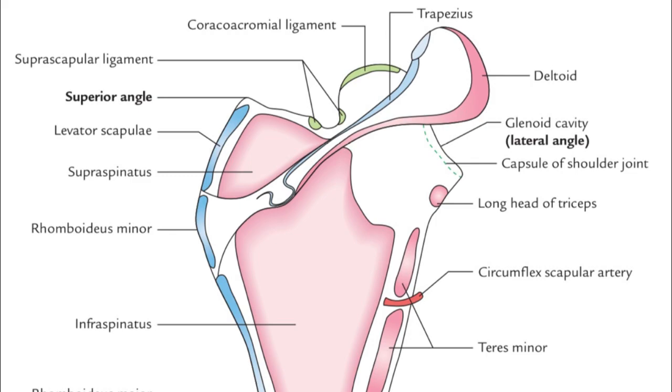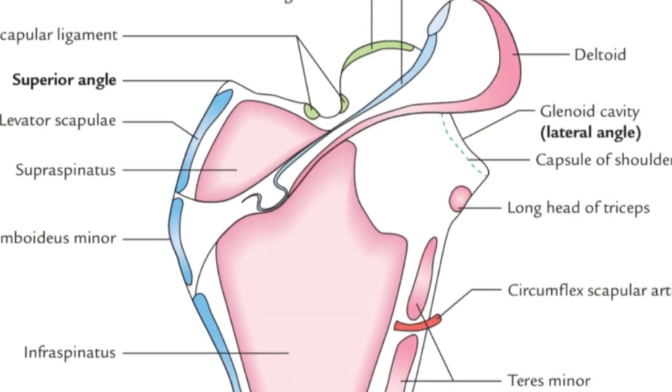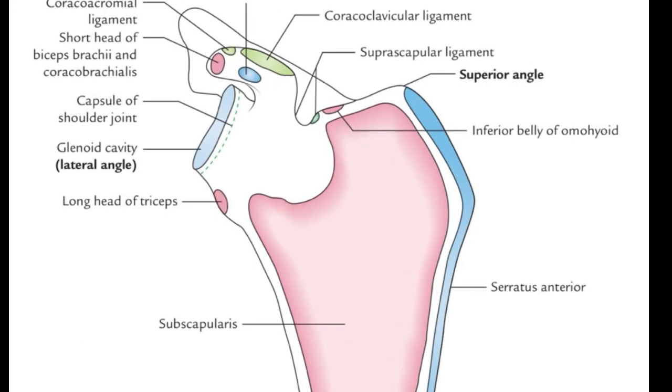So how can you know the medial border? How can you know the lateral border? In the costal part, which is the front part, that is where the subscapular fossa is. In the medial border of the costal surface, which is related towards your vertebrae, because the medial border is towards the vertebrae, you can see the serratus anterior.